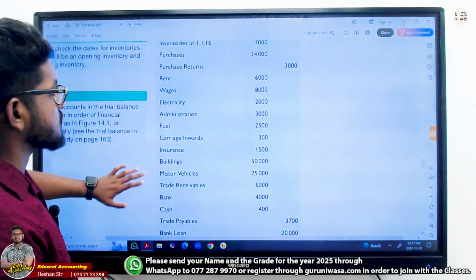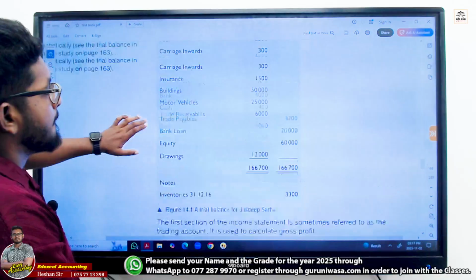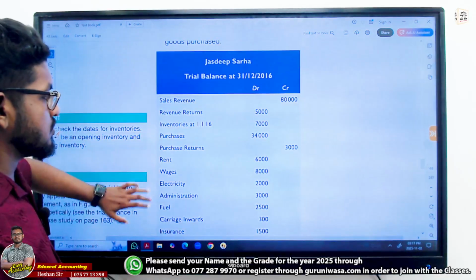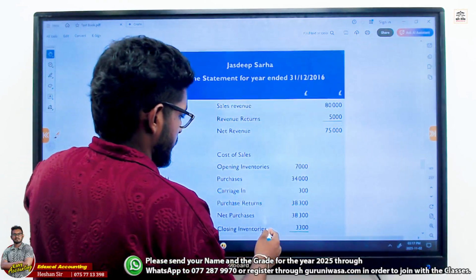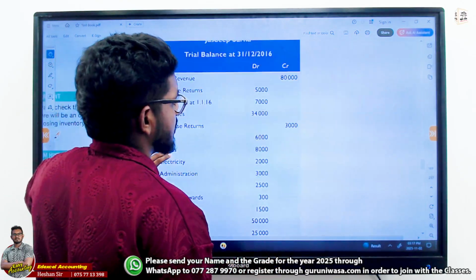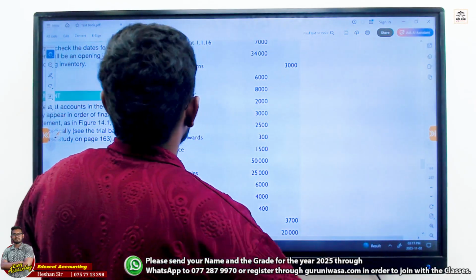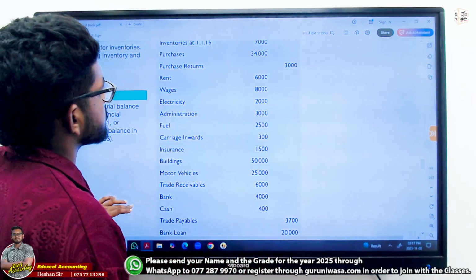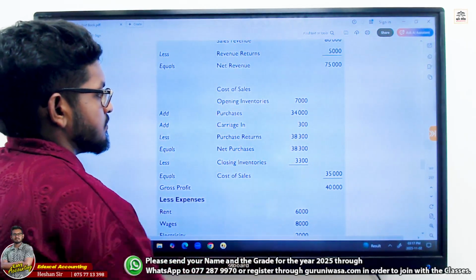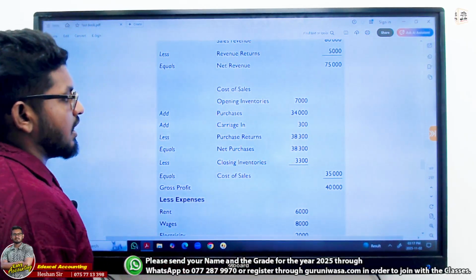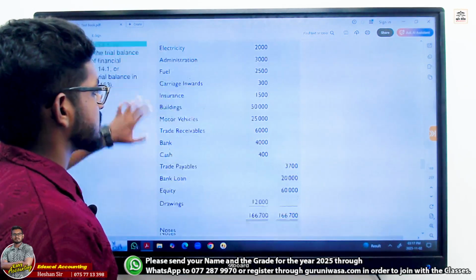How to calculate the cost of sales? We take the opening stock 7,000, so we write it here. Purchases 34,000. Purchase return 3,000, and there is carriage inwards 300.